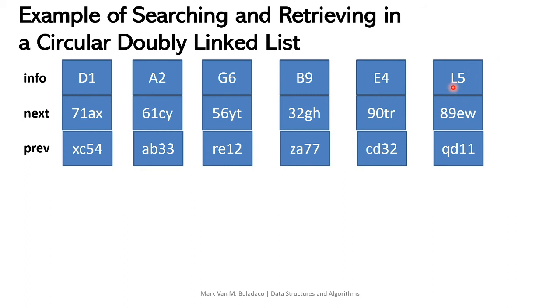Okay? So, to represent that, ayan. This is the next field referring to the next info of each node. As you notice, I placed an address, just an arbitrary address, for each of the next and the prev fields. So, ito yung mga address, in order for us to uniquely identify the address of the next and the prev field.